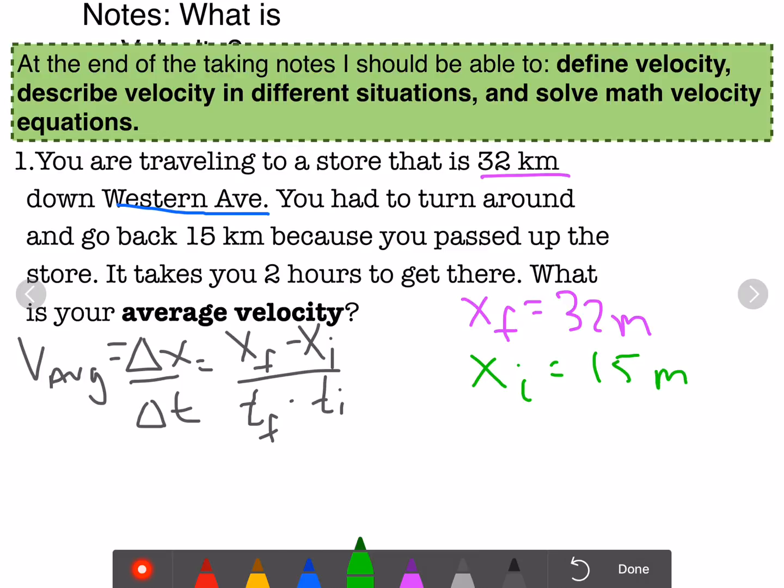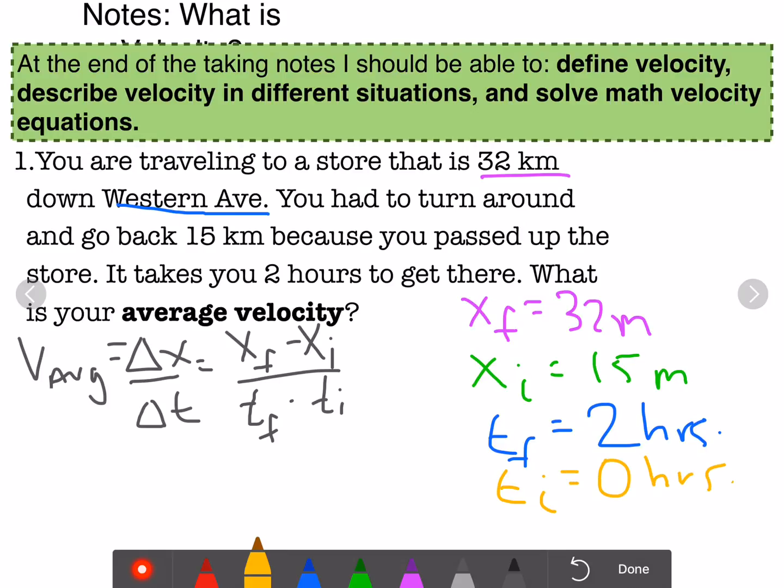Our t final is going to be 2 hours. I should be using seconds instead of hours, we want to always use the SI units. And our t initial is equal to 0 hours because that's where we started from.